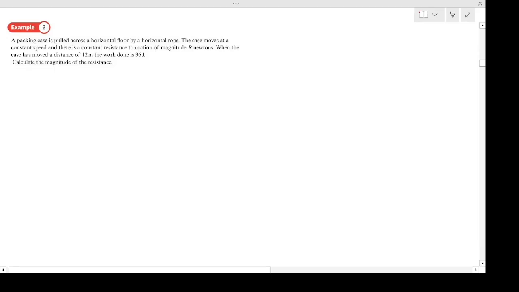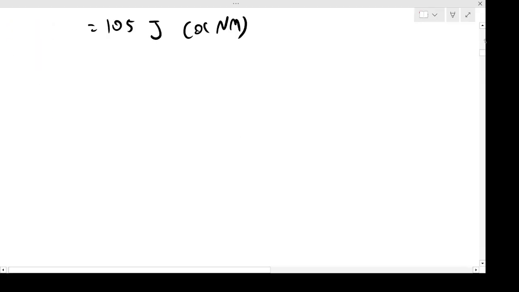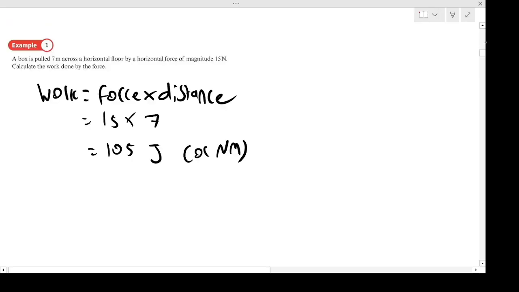So what we need to get into the habit of, if we haven't already, is to start to draw the situation out, because it will really help visualize the equations we need to do. If we look at the first example very quickly and draw it out, a box is pulled 7 meters across a horizontal floor.